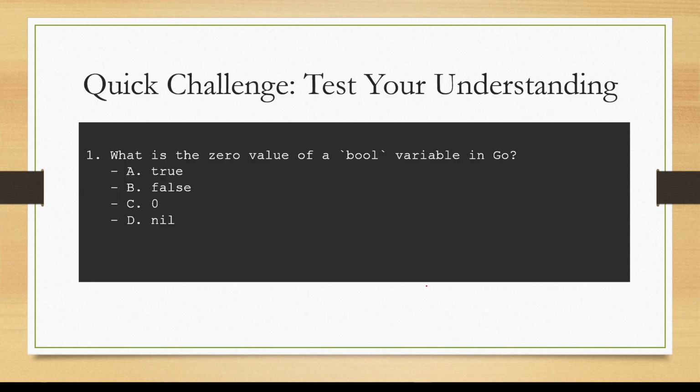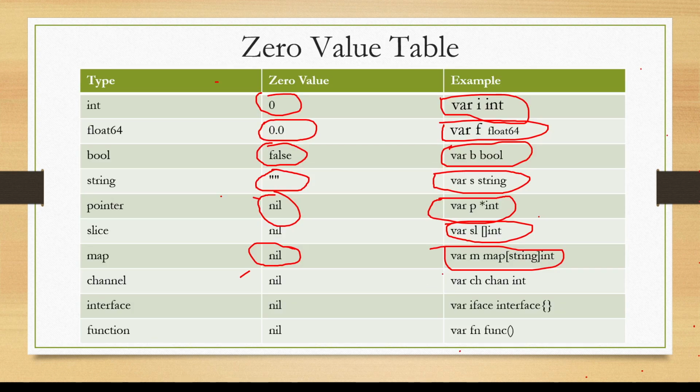Then afterwards, ch is a channel, a Go feature used for communication between different parts of a program. Again, its zero value is nil because it is not connected anywhere.